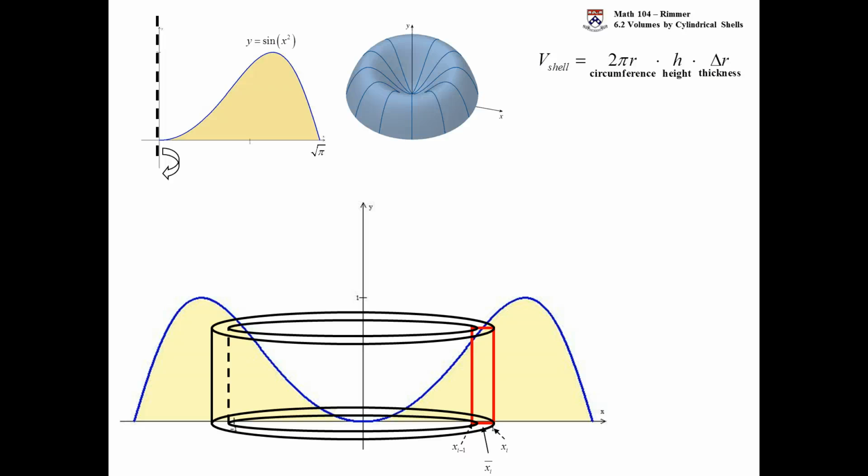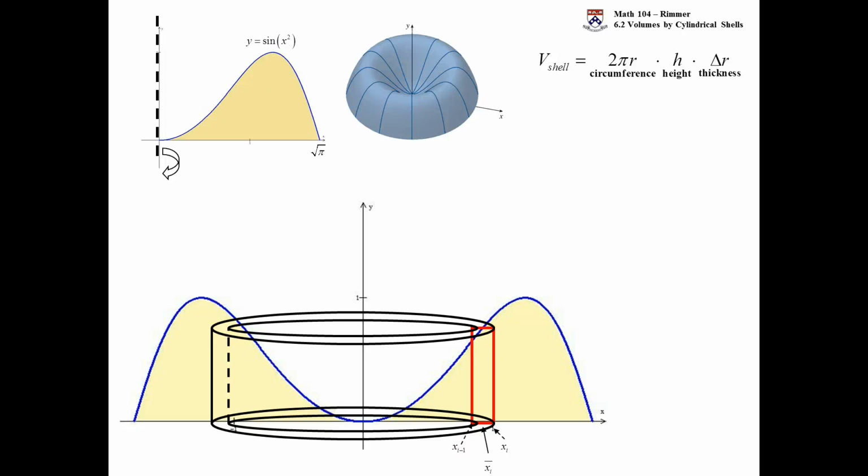So we're going to take this interval from some a to b, chop it into subintervals like we normally do, and call this typical subinterval that we're at xi. And then the endpoints of it are xi minus 1 and xi. And then in the middle somewhere we'll call it xi bar.